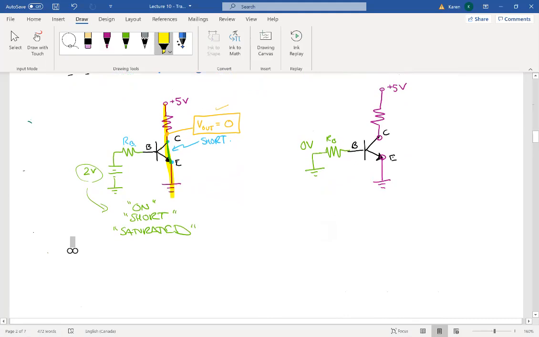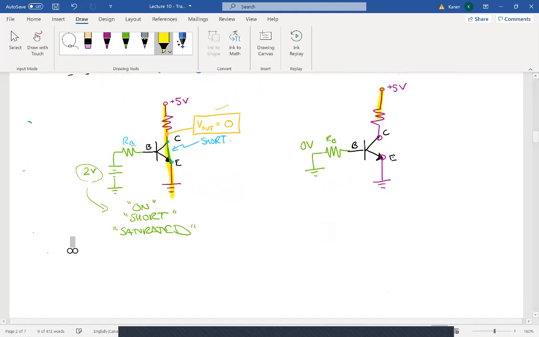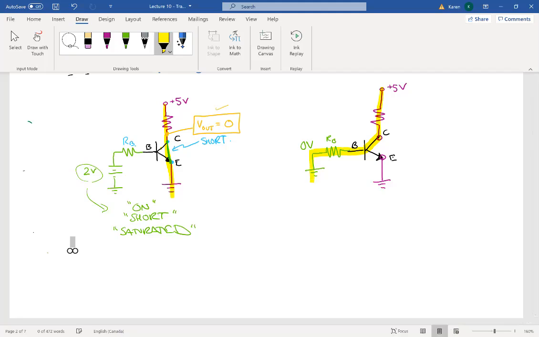So it's open here and open here. So let's look at the path that this 5 volts is going to travel. It's going to travel down here, going to travel here, and it's going to ground itself. That is absolutely the path that it is going to travel on. So it can no longer go down here.